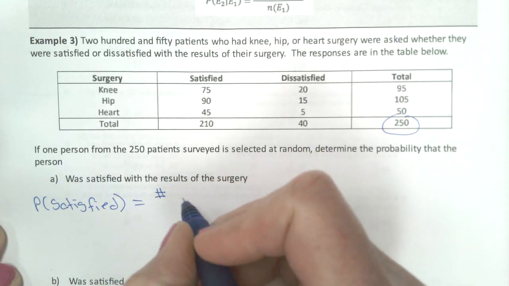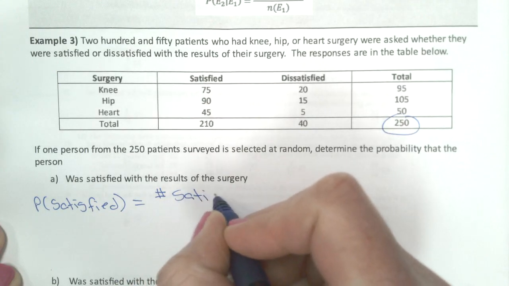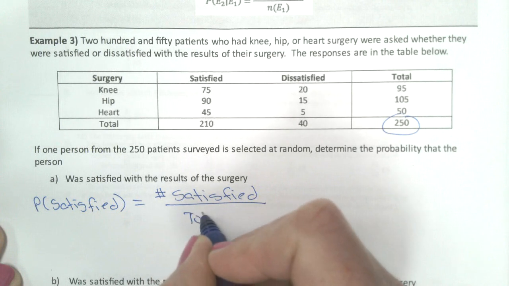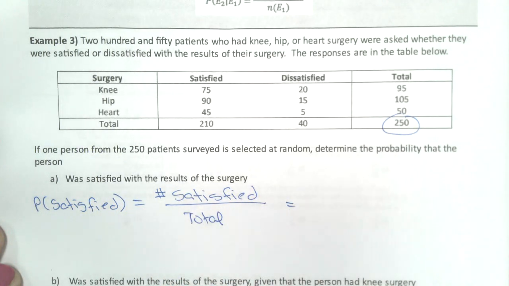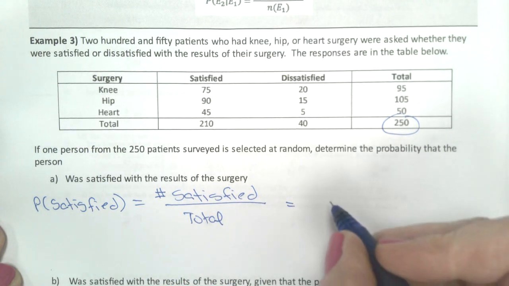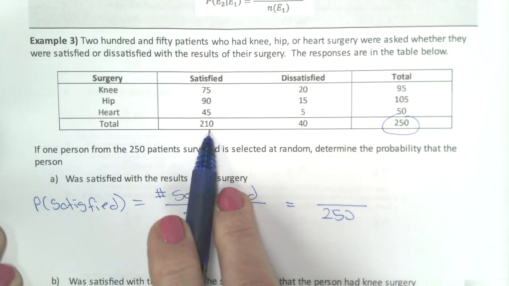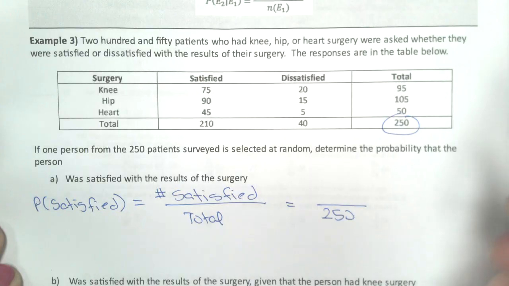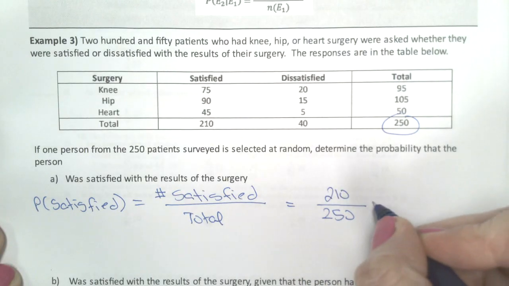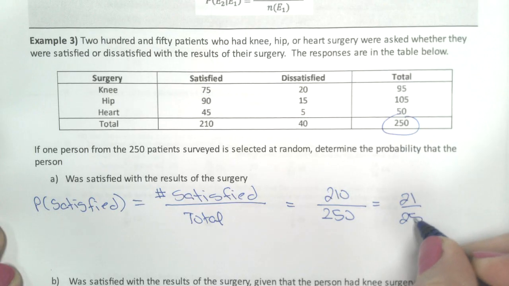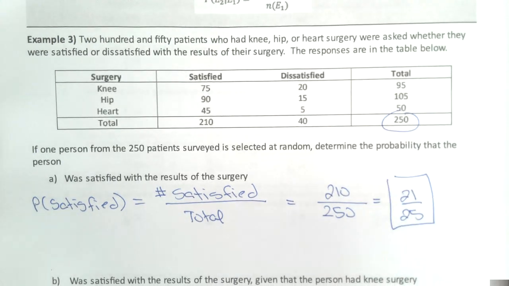I'm going to write the number of satisfied people to the total. I had a total of 250 patients, so that's my denominator. Right here, I have 210 satisfied people. So this probability reduces to 21/25.